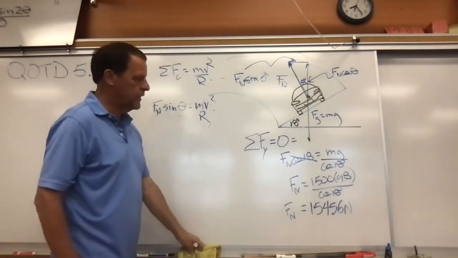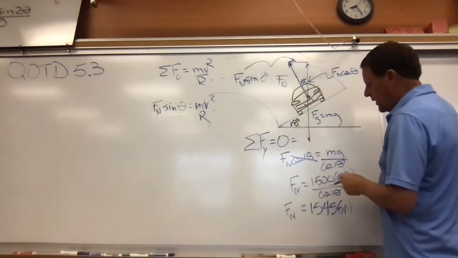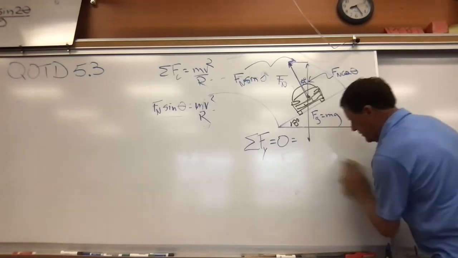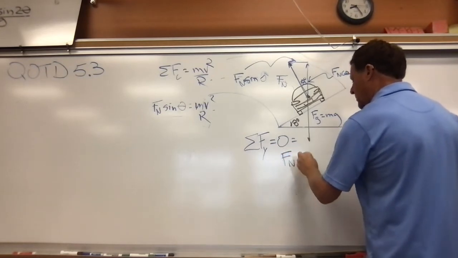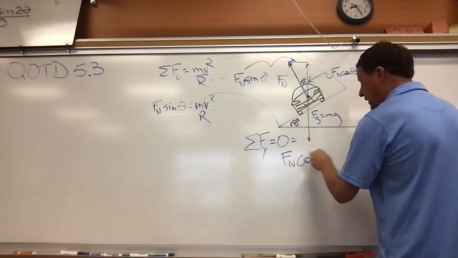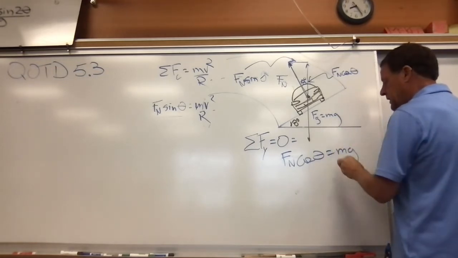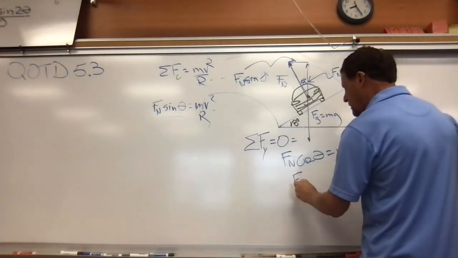Okay, well, if we go over here, we're still going to have, and I'm going to rewrite this, force normal cosine theta. Now we don't know the angle, and that is equal to mg.